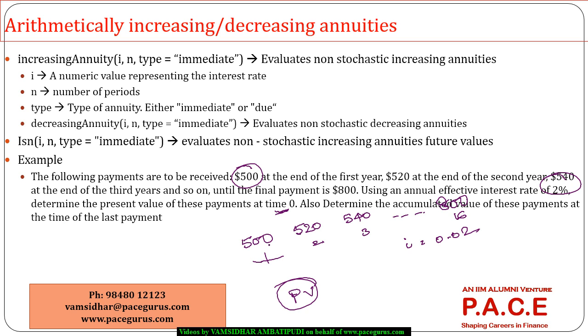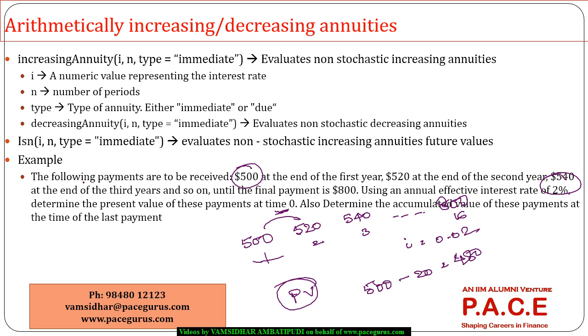Now what I can do for handling this is segregate out the constant part. Because 20 is the difference, generally what I suggest is from the first payment, subtract the common difference. So it is 20, take it as 480.